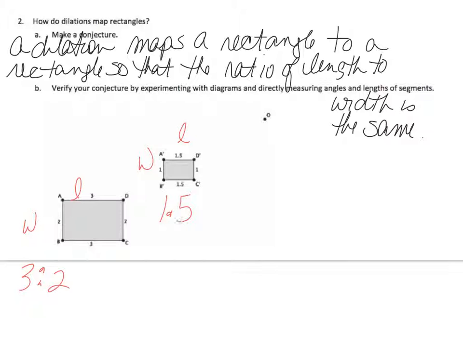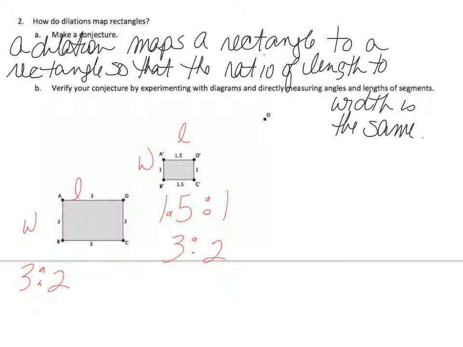I have 1.5 to 1, which I don't really like fractions or decimals when I'm looking at ratios. So if I double both sides of this, I'm going to have 3 to 2. My ratio of length to width, the original one has a ratio of 3 to 2. The dilated one is 1.5 to 1, which is the same as 3 to 2. So the values of the ratios are equal. My length to width is equal.